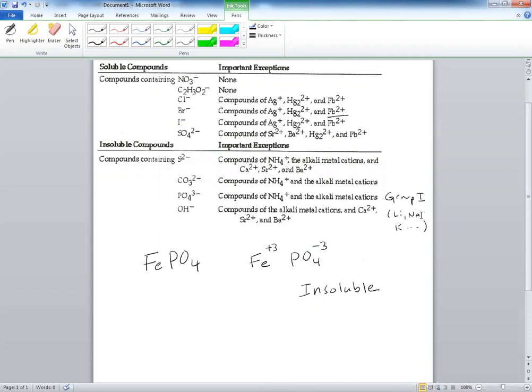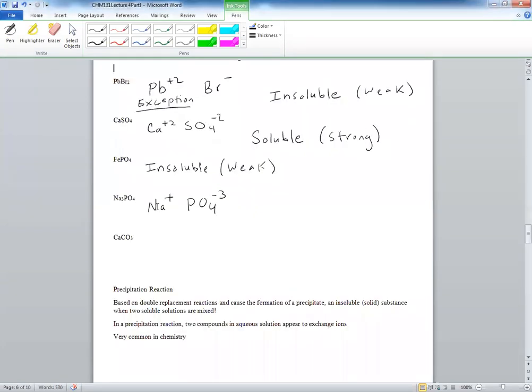So therefore, it should be soluble. Use a different color here. So this is an alkali metal, so it should be soluble. So it's a strong electrolyte.